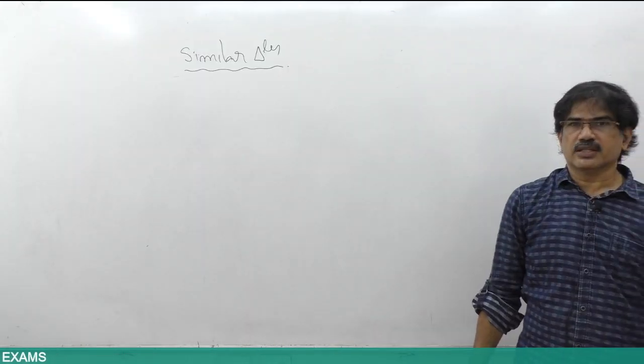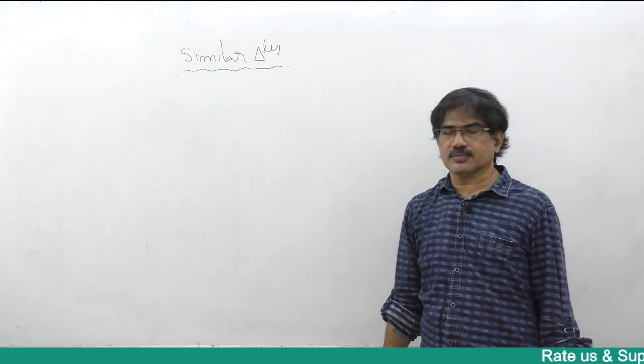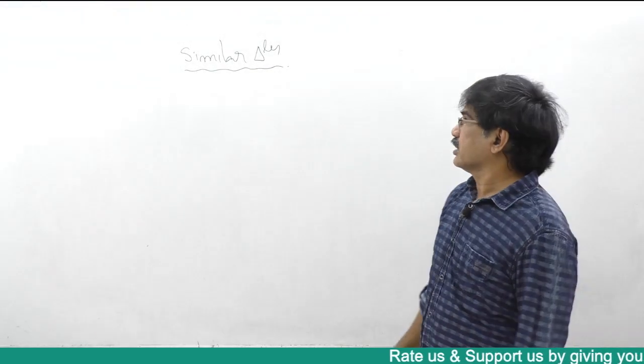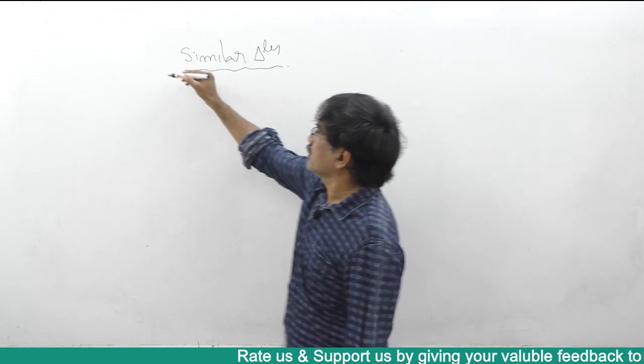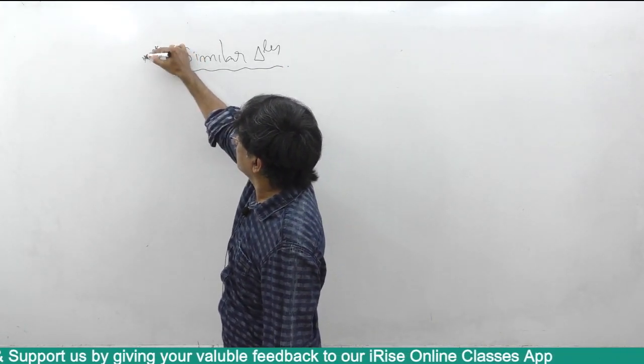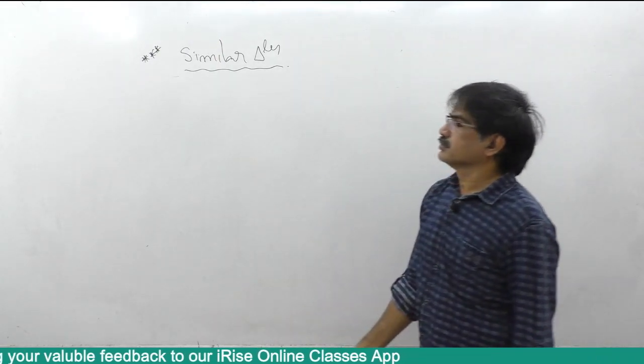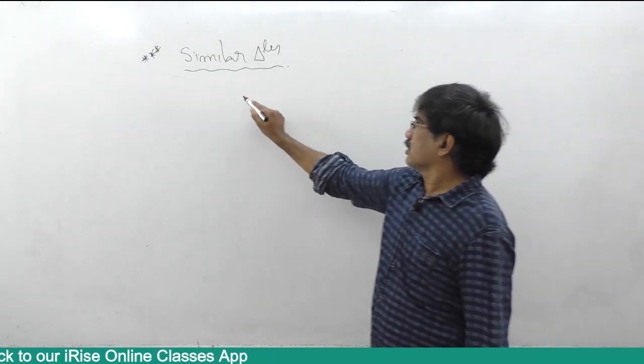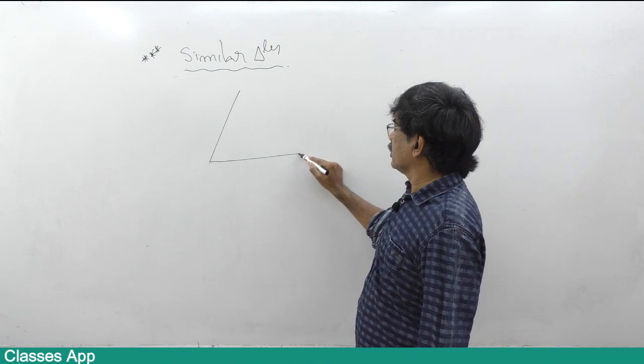The next topic is similar triangles. What are similar triangles? Most important topic in geometry. This is a triangle ABC.